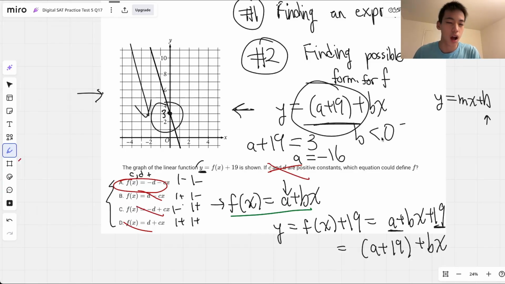The only real computation here is just a plus 19 equals 3, matching the intercepts, as well as this, where you substitute a plus bx in for f and rearrange a little bit.